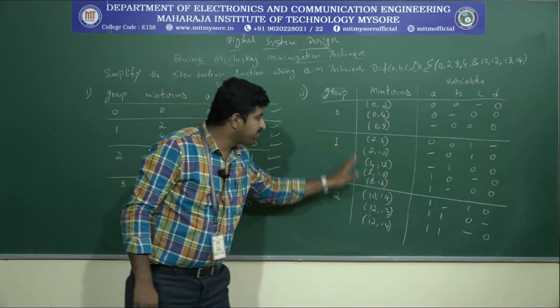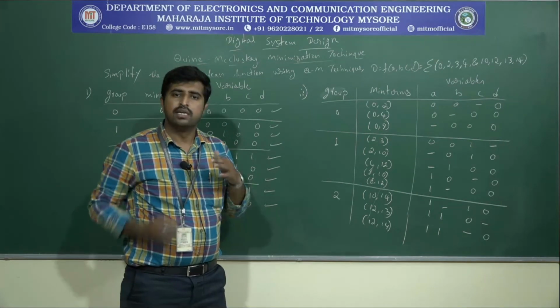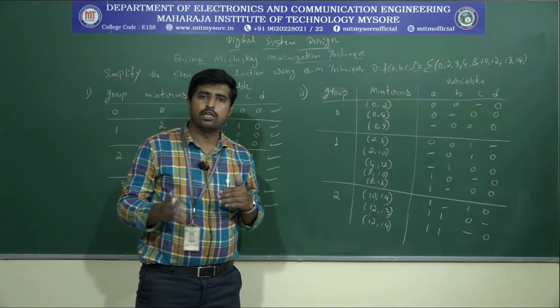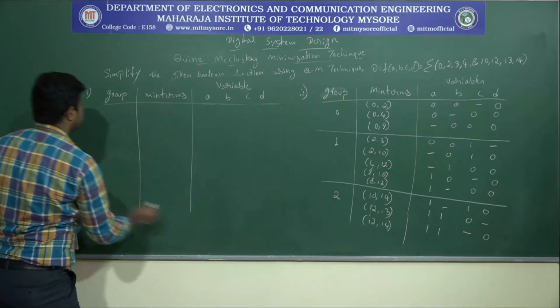So this means we created a group of 2 minterms. Similarly, we need to continue so that all the groups are combined to make the maximum number of minterms group.